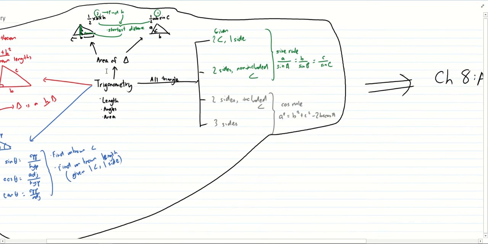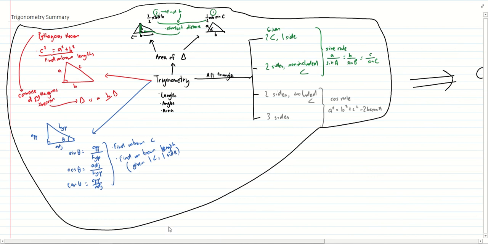Now last but not least, we'll end off with some good news. The good news is, this whole part over here, this half ab sine C, this sine rule, a over sine A equals b over sine B equals c over sine C, and this cosine rule, a squared equals b squared plus c squared minus 2bc cos A, all of this is simply given in the formula sheet.